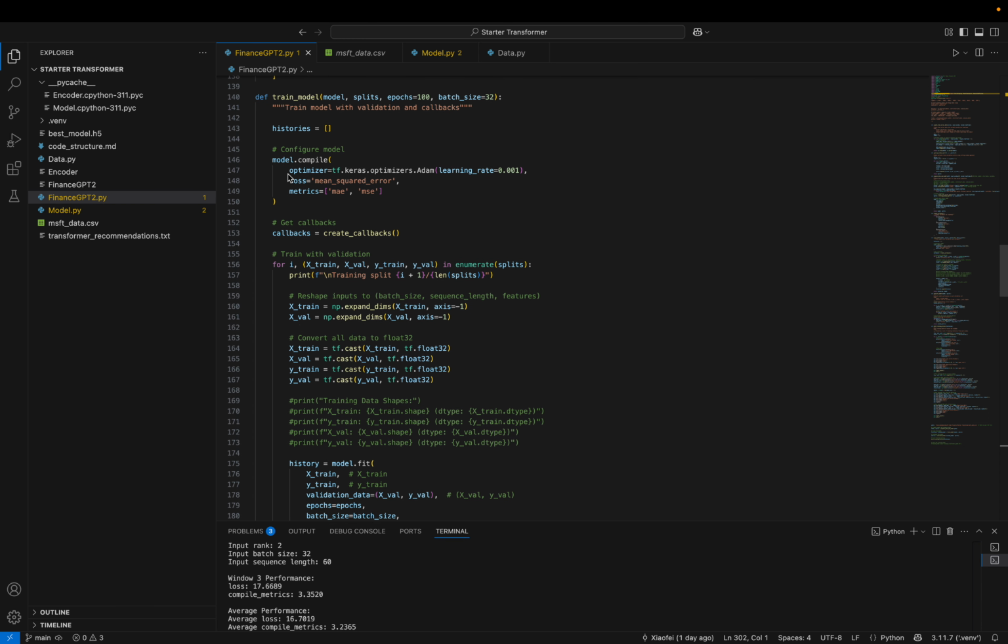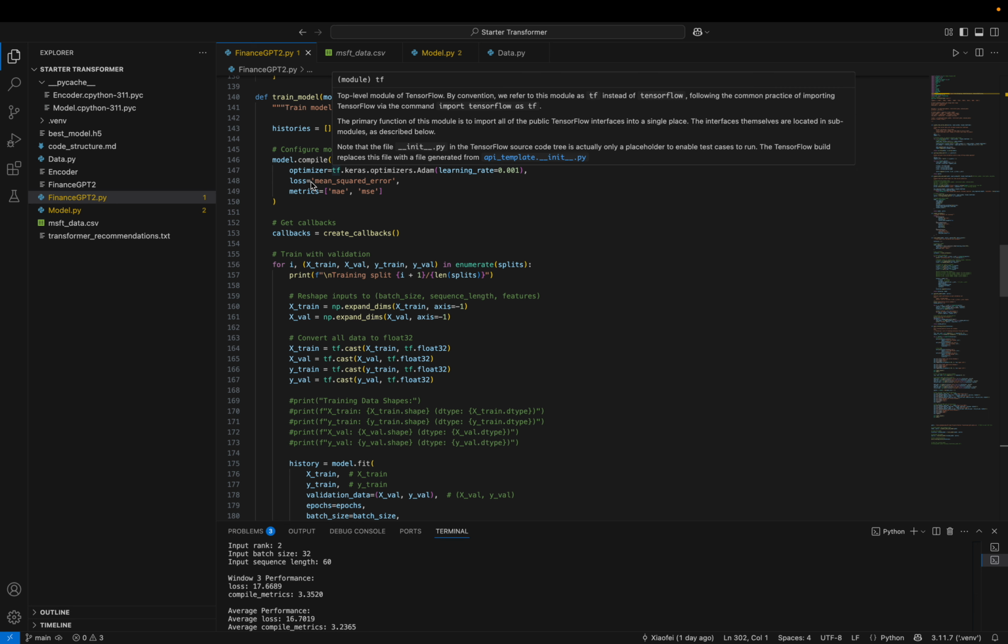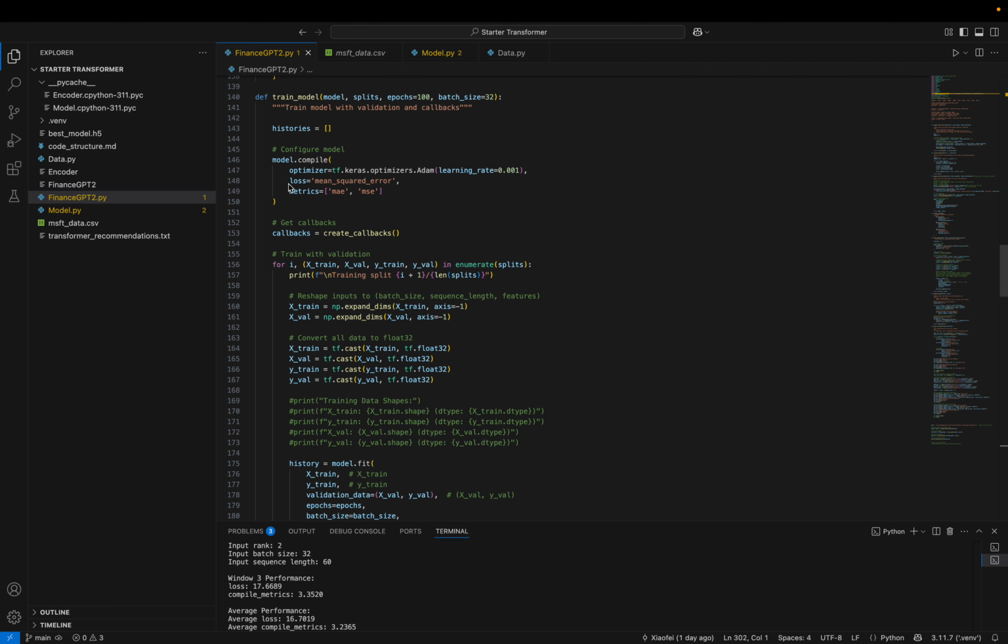This function trains the model. First, it compiles the model using an optimizer. This uses Adam, and then I use the mean square error loss function, and what this means basically is this is how the model is going to be evaluated and how it learns. It uses this and tries to minimize it using gradient descent and backpropagation.